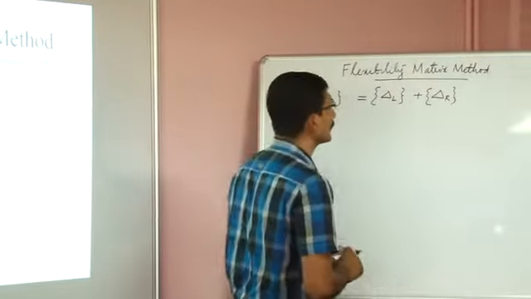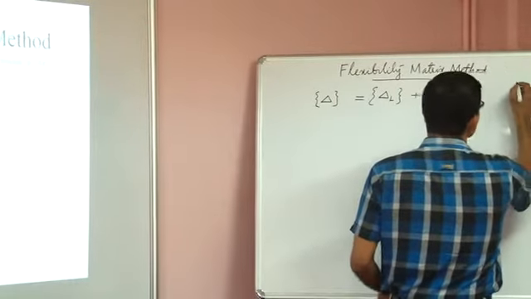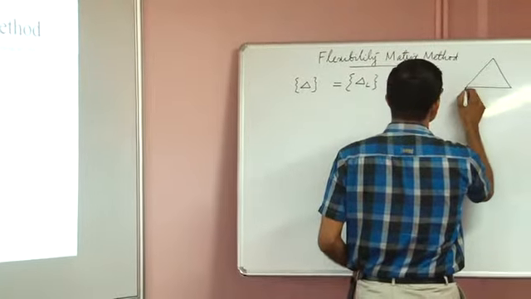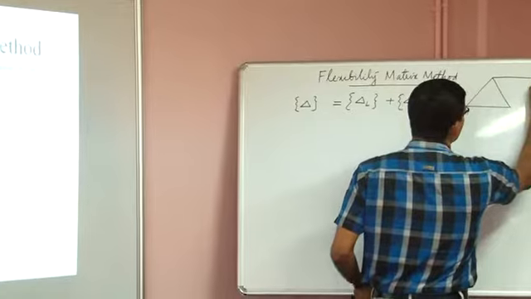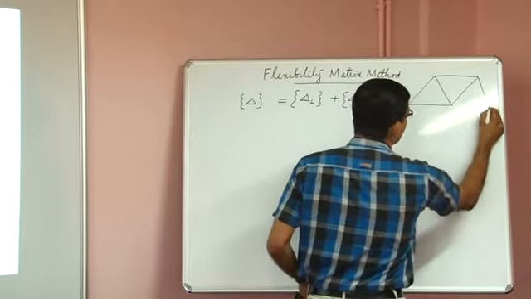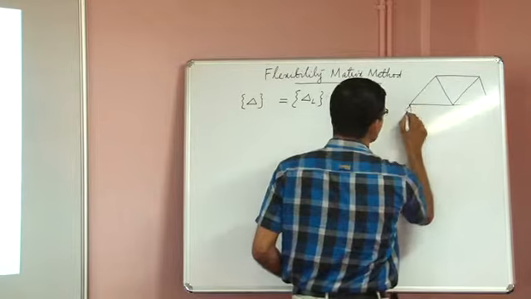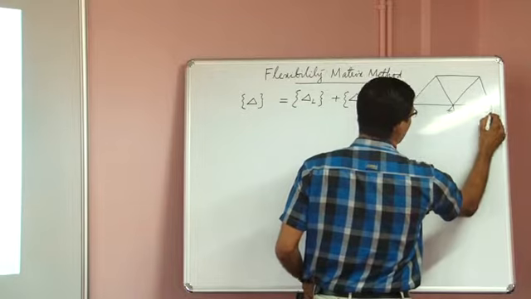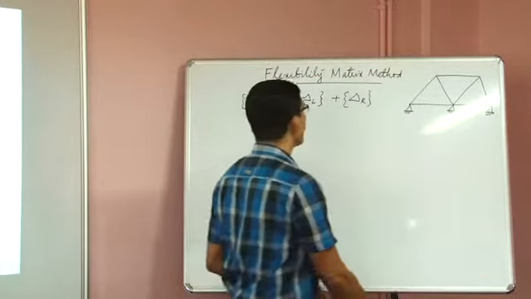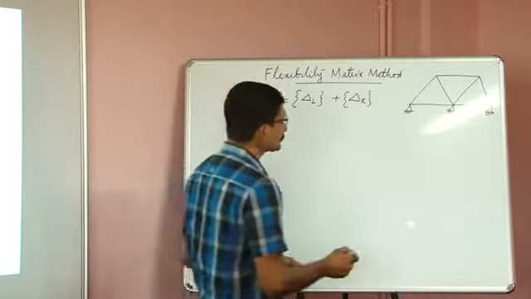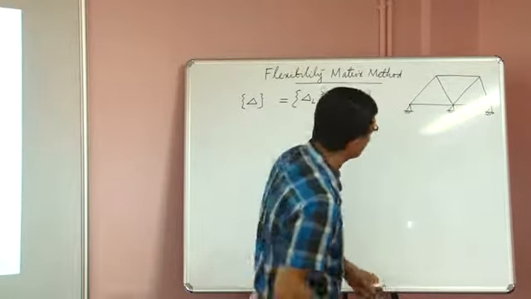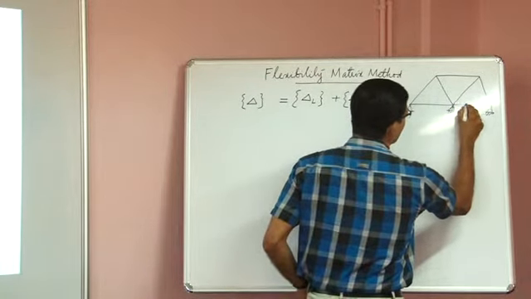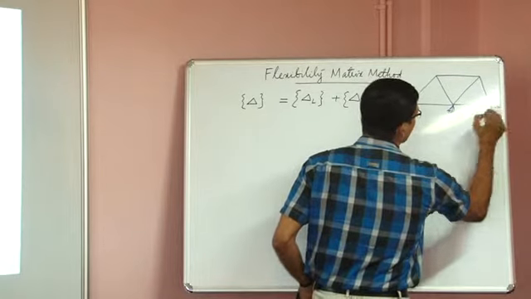For example, if we have a structure, say like this, pin jointed, a truss like structure, let us have a statically indeterminate one. So, let us go for say 3 supports. So, deflection at this joint and here.